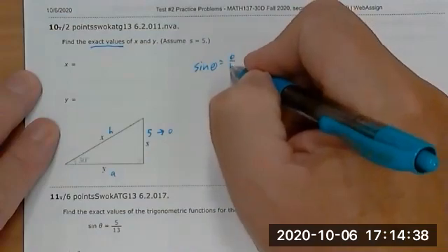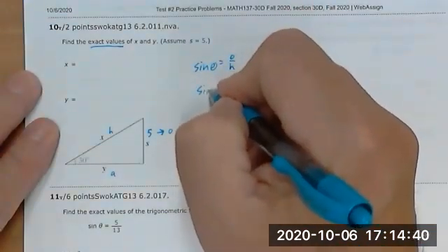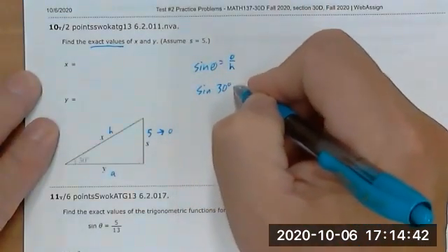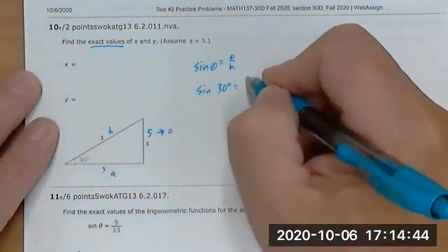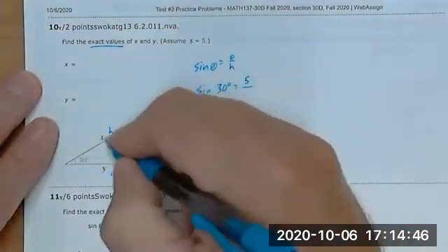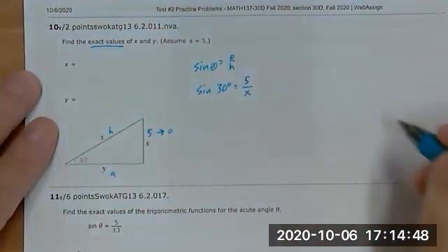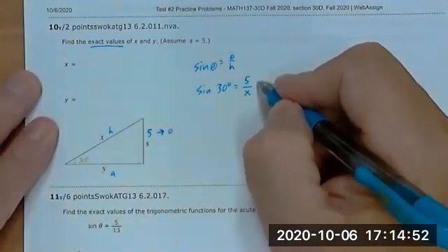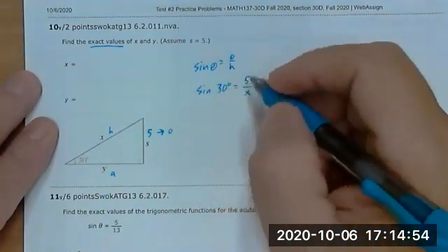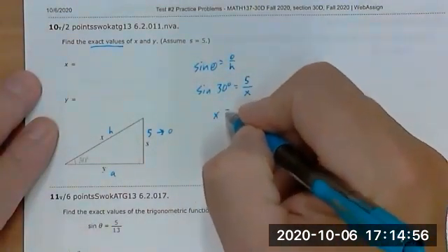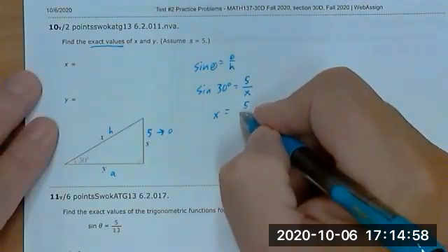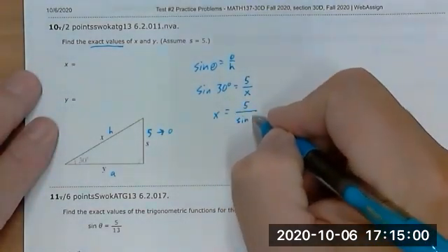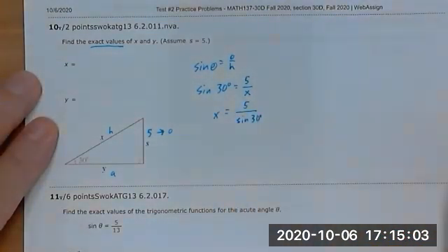Sine is opposite over hypotenuse, so I can say the sine of 30 degrees equals 5 over, in this case, hypotenuse is called x. So if I do a little algebra, if I solve for x, multiply both sides by x, divide both sides by sine of 30, I have x equals 5 over the sine of 30 degrees.